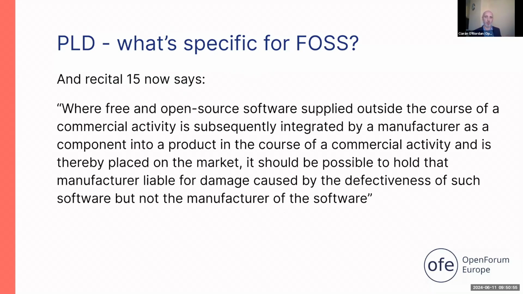And I fear that in some cases the answer will be yes. However, at least we got this recital 15 in, which clarifies that if the first entity in the supply chain is non-commercial, then a subsequent commercial entity may have liability, but will not cause the first entity to have liability.